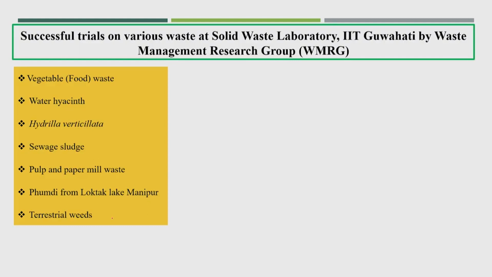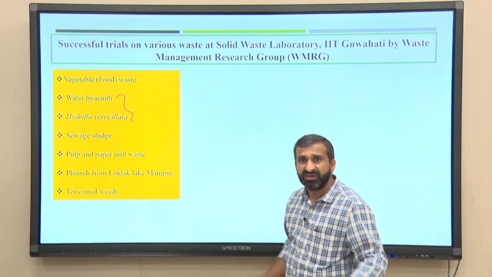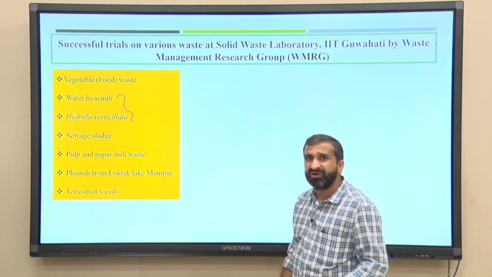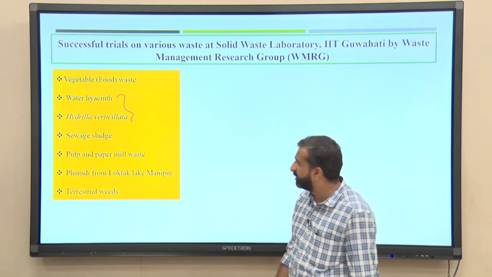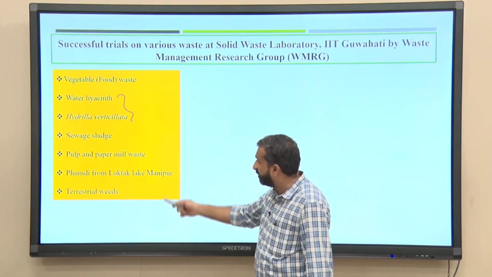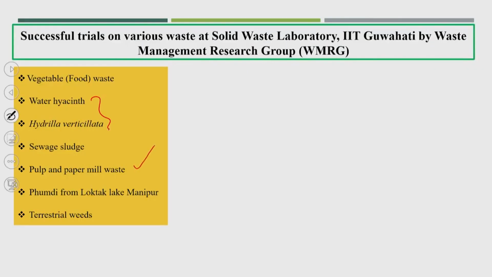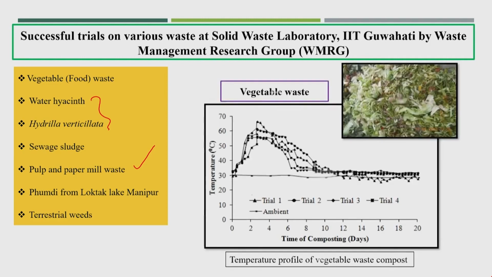These are water weeds that are very difficult to degrade because they contain large quantities of lignin and hemicellulose. Sewage sludge, and pulp and paper mill waste, also consist of very high lignin material, and a few more terrestrial weeds have also been successfully studied.